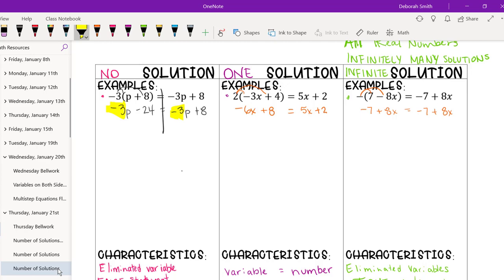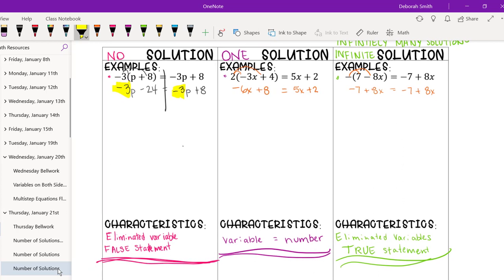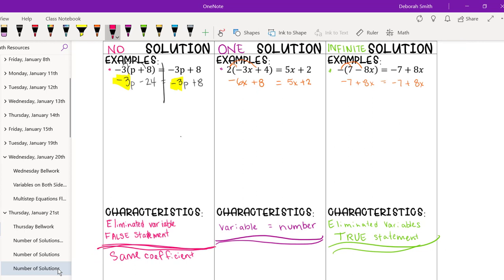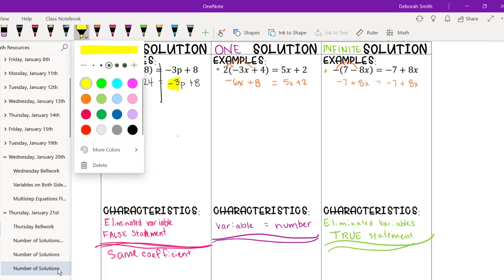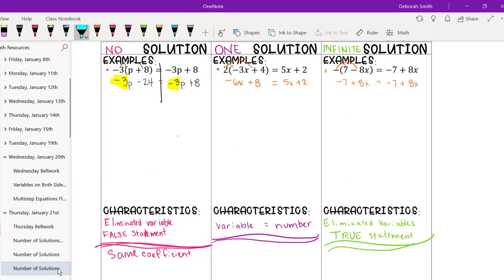So I have the same coefficient on both sides, on the left side and the right side. But then, when I compare my constant, on the left side, I've got -24 and +8.